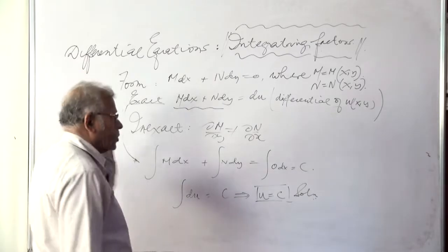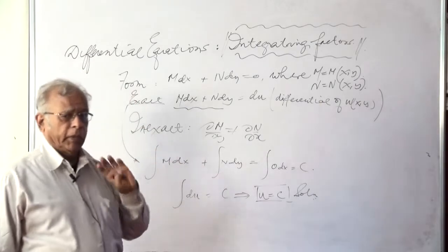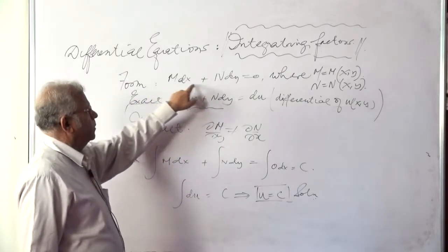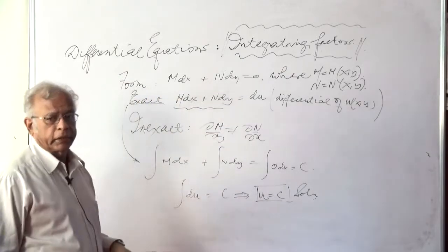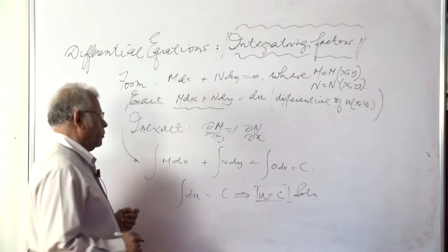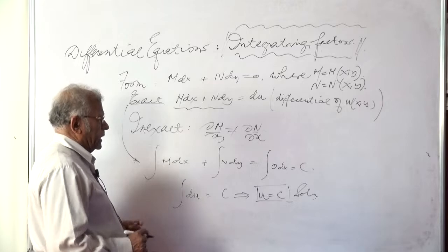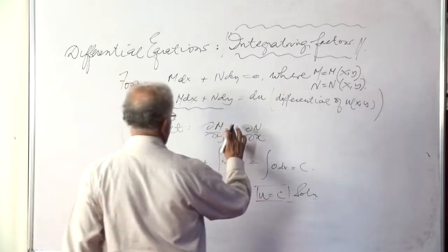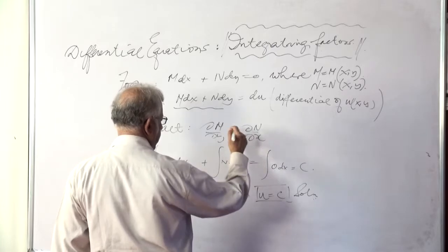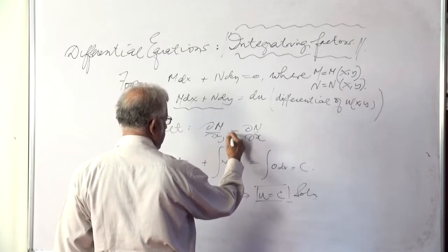But more often than not, because life is not simple, most of the equations that we are given in this form are inexact. It is all right to revisit the condition for exactness. If the equation has to be exact, then del M del y is equal to del N del x.